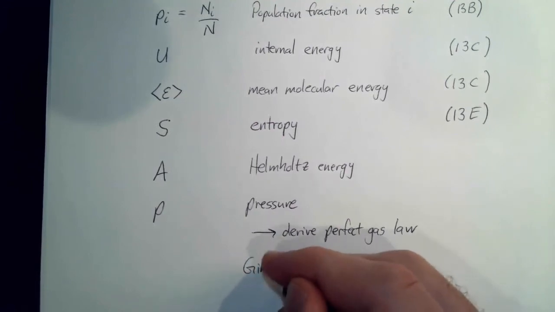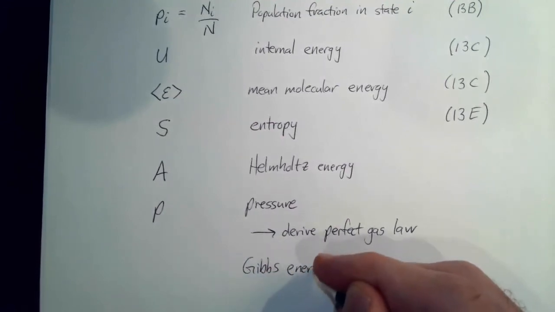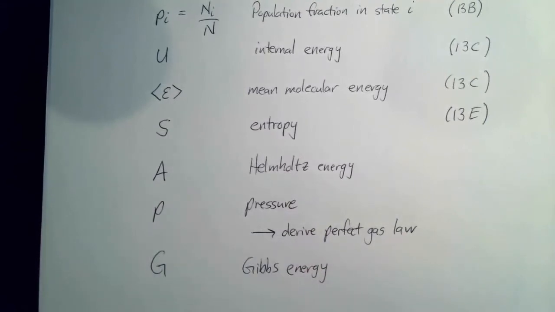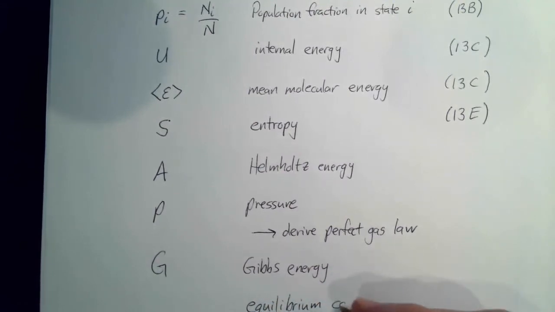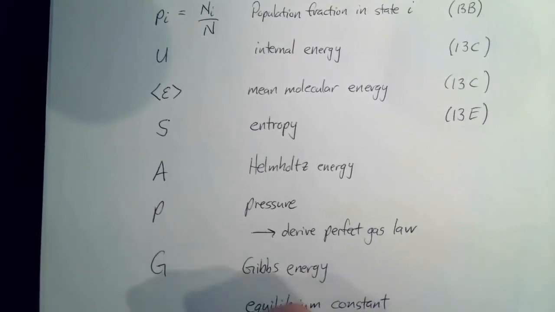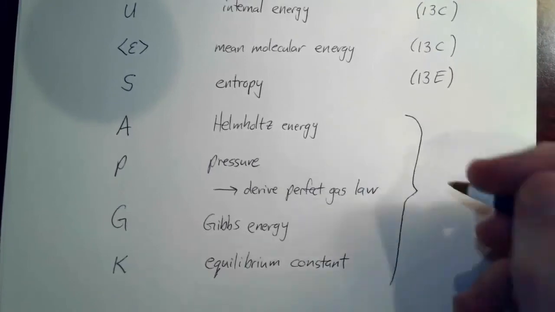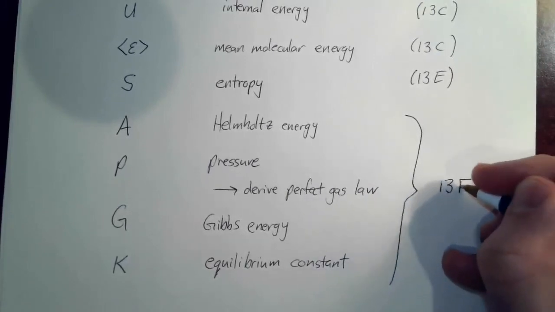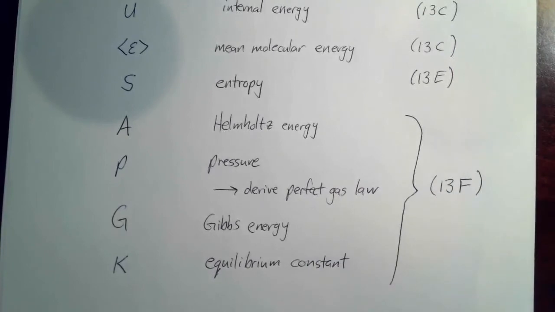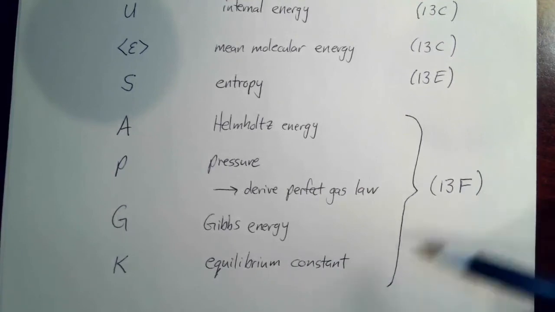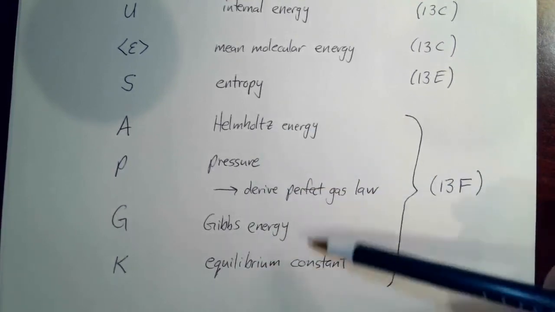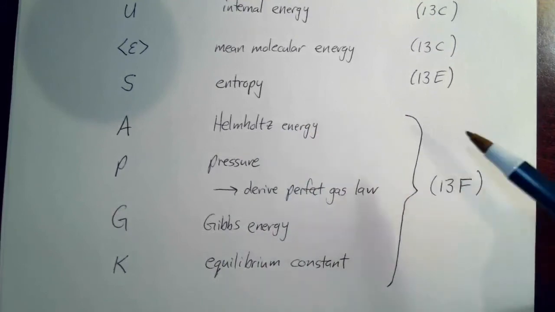You can calculate the Gibbs energy from the partition function, G, and you can calculate the equilibrium constant that we saw in the last chapter, K. So all of these are done in 13f, which we're not going to have time to get to this semester. But if you're interested, you can find the derivation of all of these from the partition function in 13f.